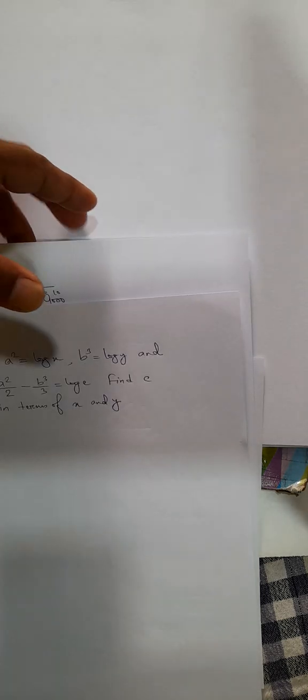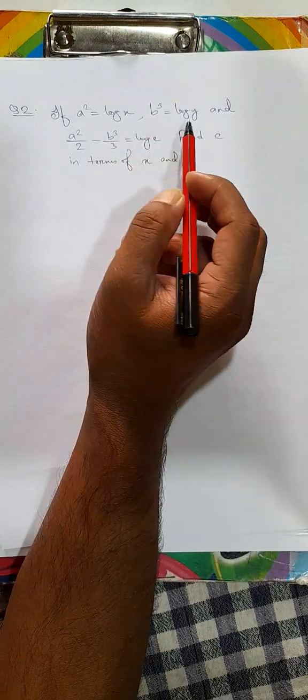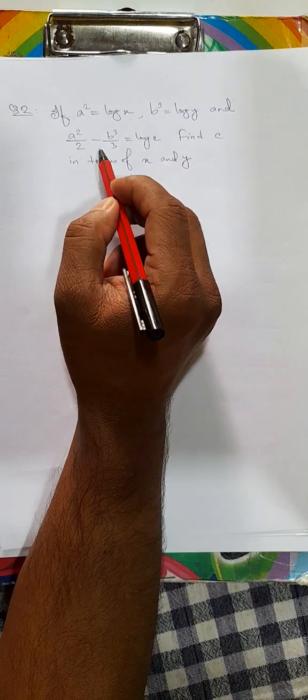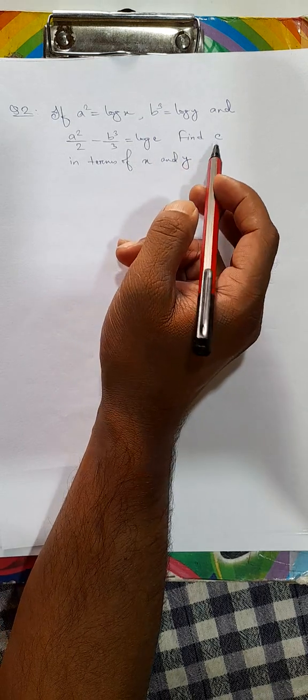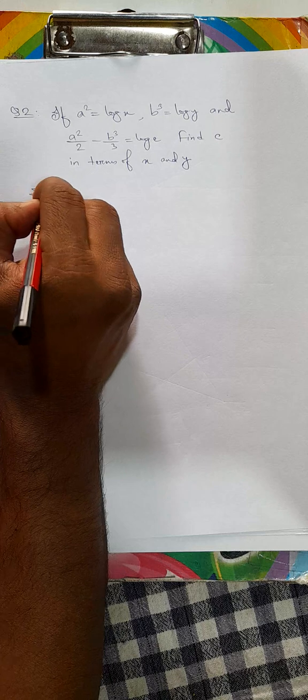Now let us do question number 2 here. If a square equals log x, b cube equals log y, and a square by 2 minus b cube by 3 equals log c, find c in terms of x and y. So let us solve this.